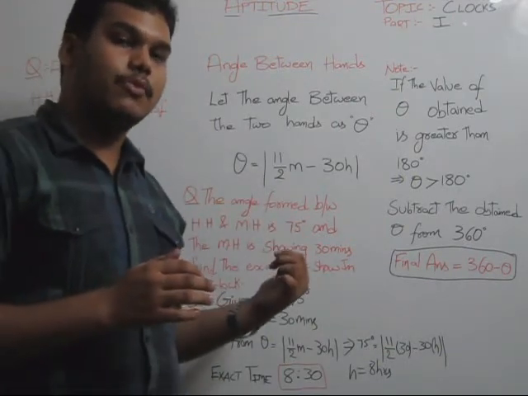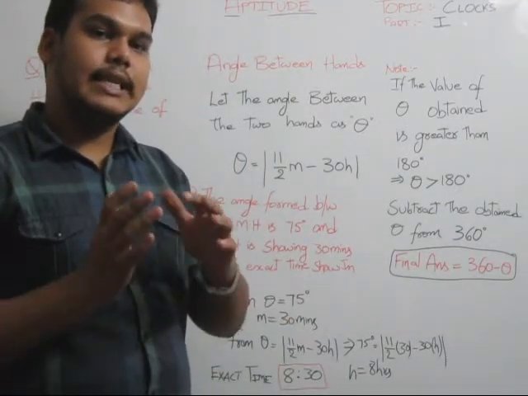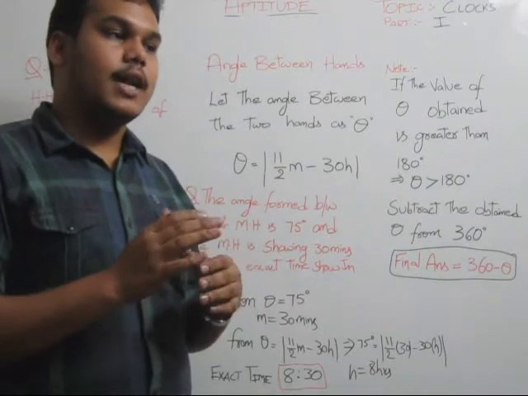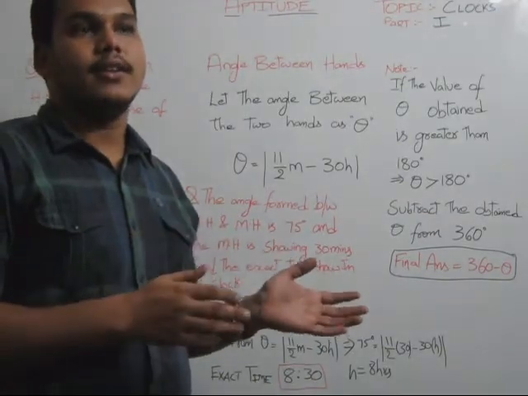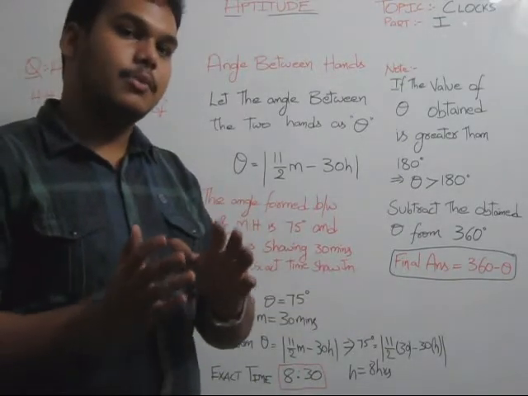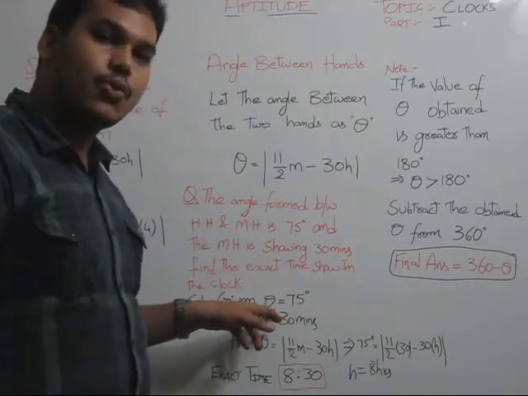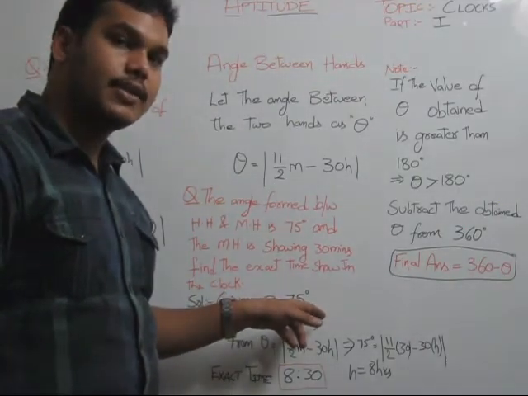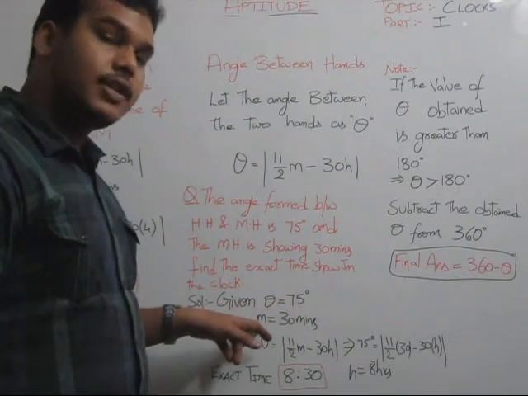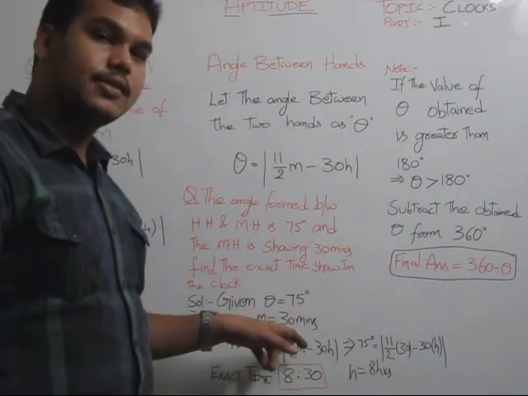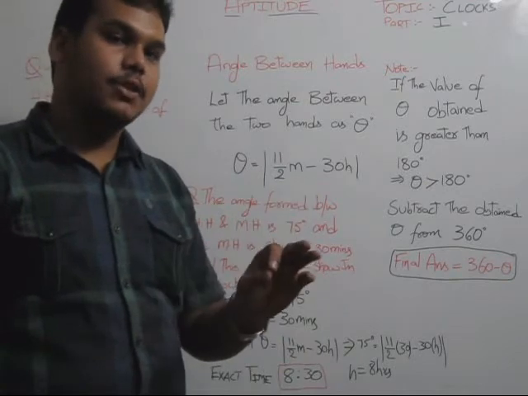So the given angle between the two hands is 75 degrees, and the given minutes are 30, and now we have to find the exact time.